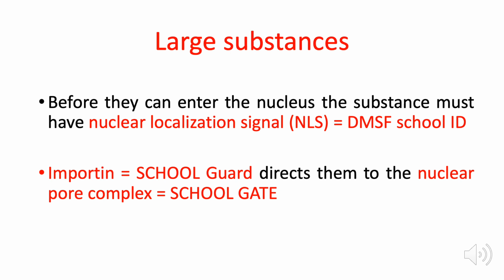Who will identify whether you have the school ID or the nuclear localization signal? The security guard. The security guard will ask you, where's your ID? If you are able to show him your ID, then the guard will accompany you towards the gate of the MSF. The guard in the story is acting as the importin, and the DMSF gate is the nuclear pore.